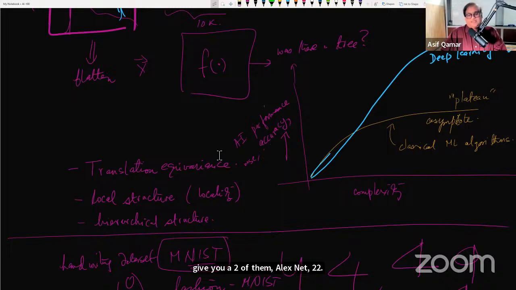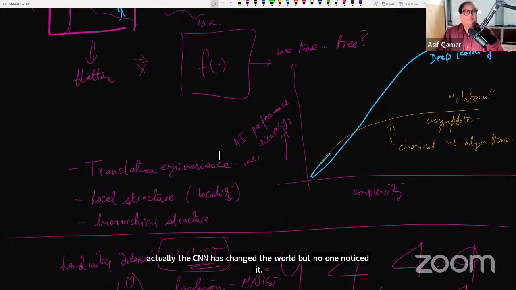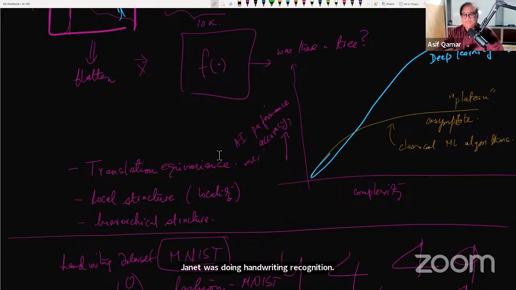The CNNs had changed the world, but no one noticed it. Yann LeCun's LeNet was doing handwriting recognition as a simple CNN, the simplest, purest CNN, exactly the way that I've explained it to you, was already changing the world. And today I'll give you the architecture of LeNet, doing handwriting recognition and having a revolution in the postal service and things like that.